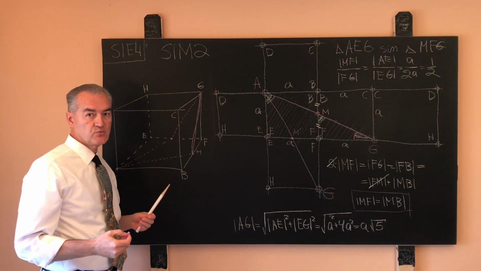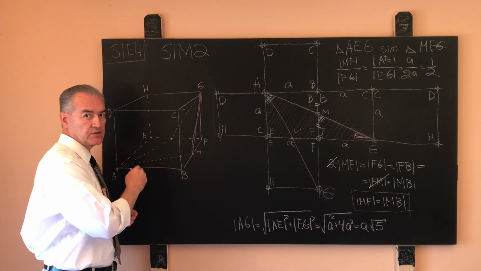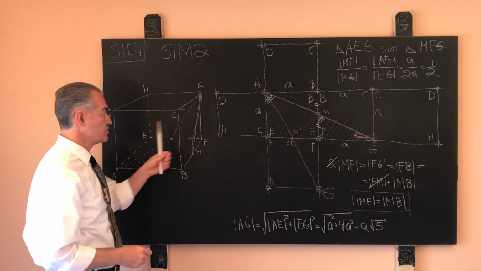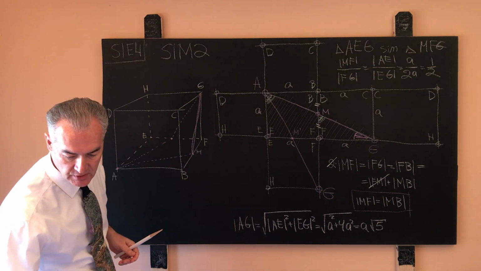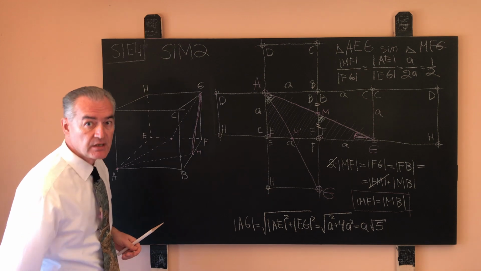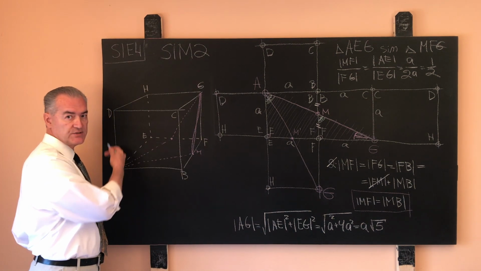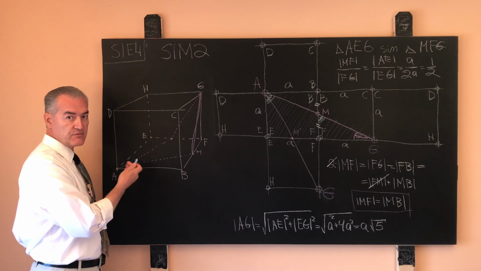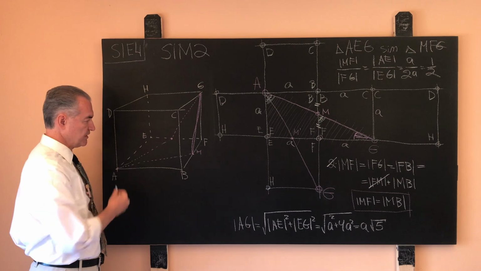Now, what can we say about the total number of distinct shortest paths between A and G? Well, that is relatively straightforward. We already know that at every vertex of a cube, how many distinct faces meet? 3 faces meet at every vertex of a cube, 3 distinct faces.